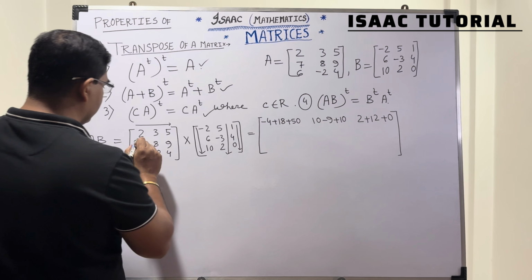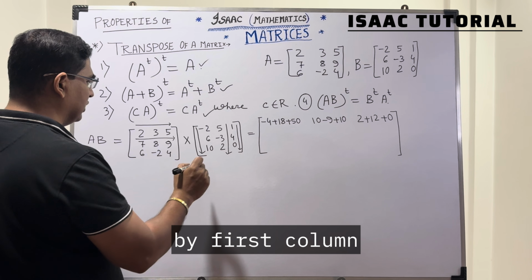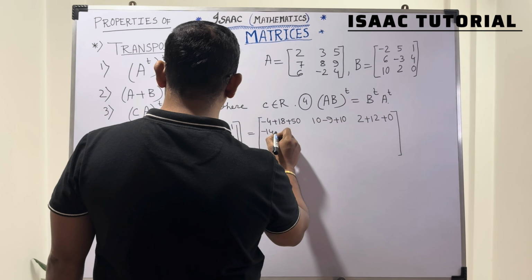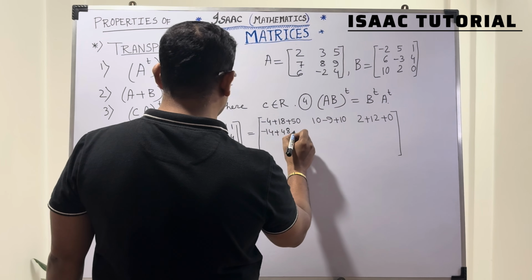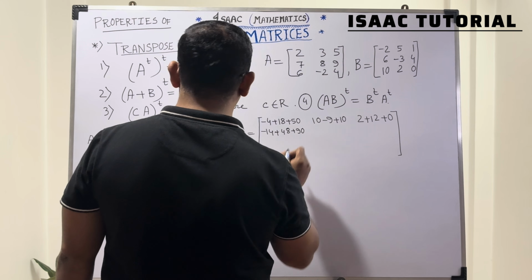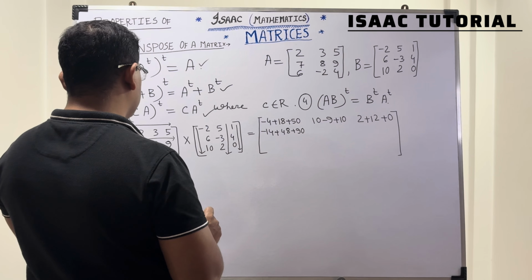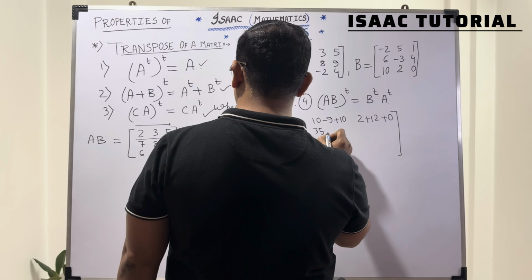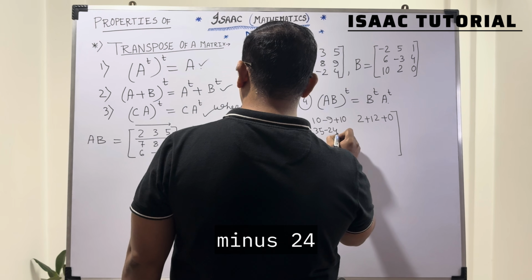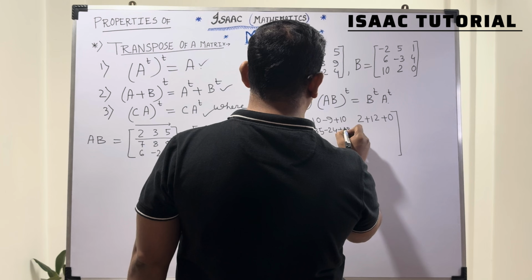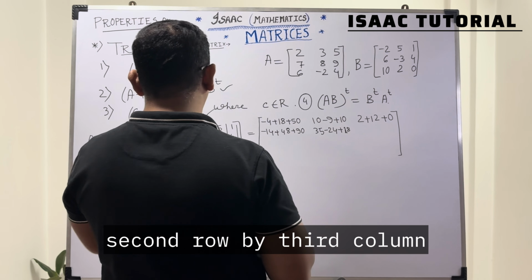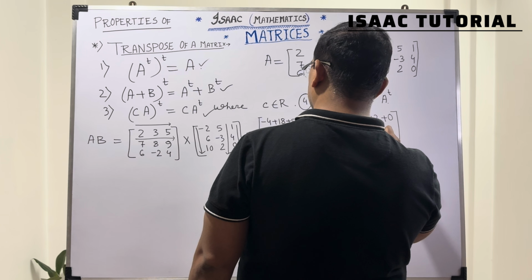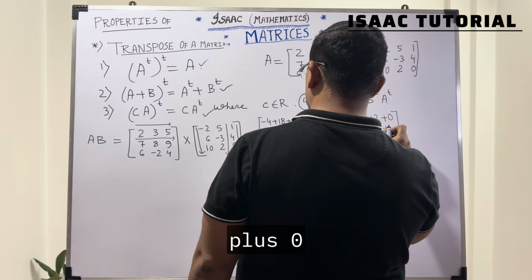Then second row by first column. Minus 14 plus 48 plus 90. Second row by second column. 35 minus 24 plus 18. Second row by third column. 7 plus 32 plus 0.